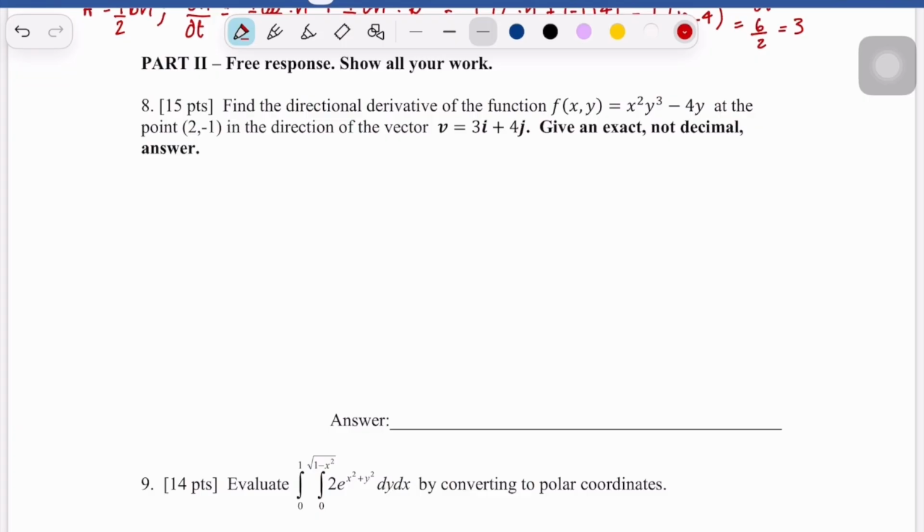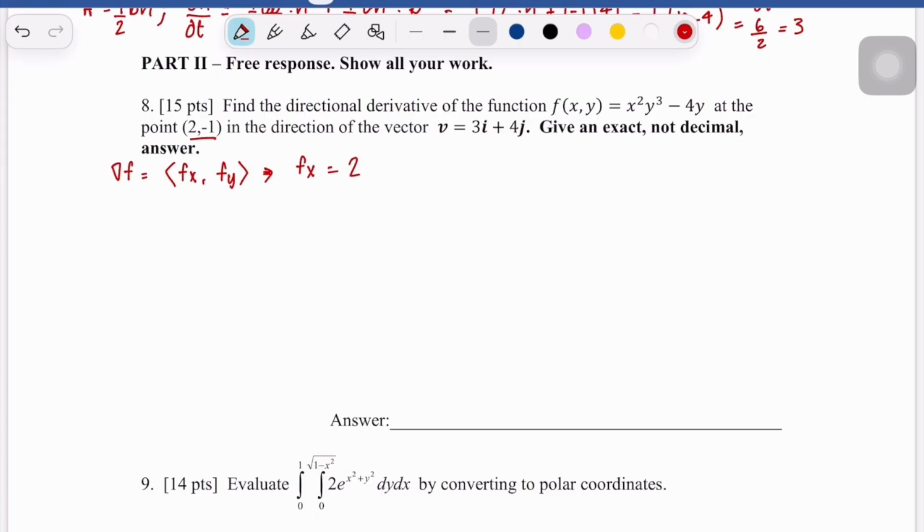Problem 8 asks us to find the directional derivative of this function at this point. So for the directional derivative, we first find the gradient, and that's just (fx, fy), right? So we take the partial derivative with respect to x first.